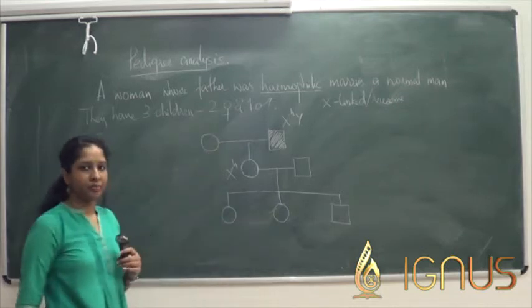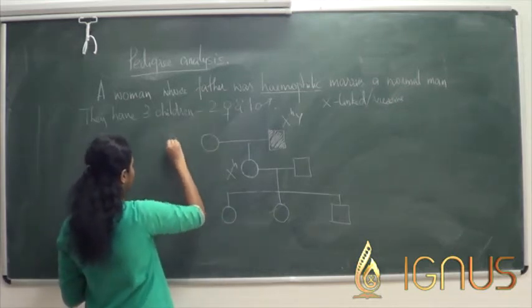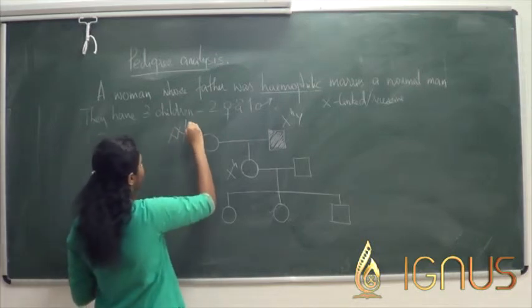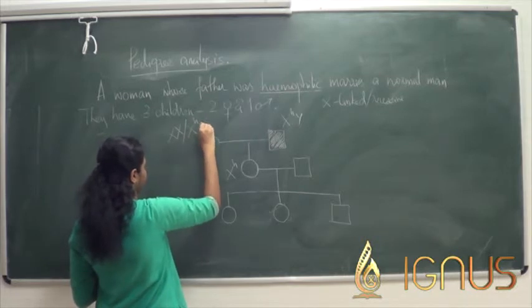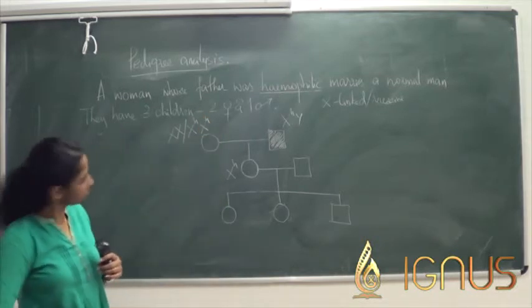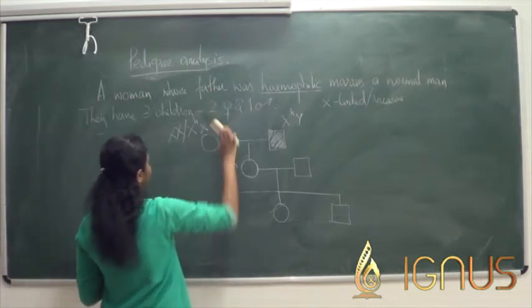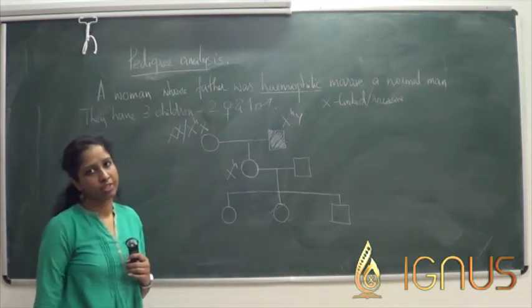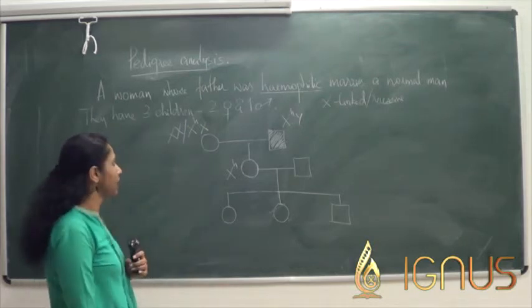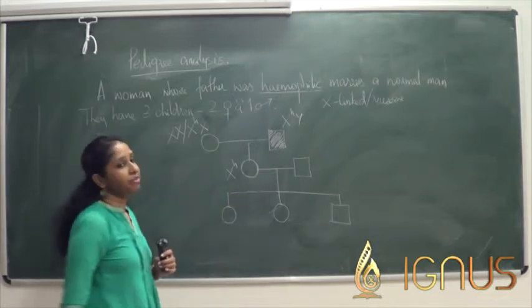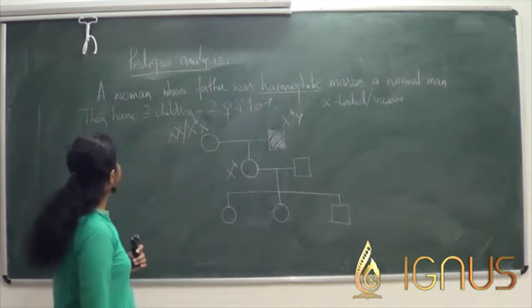This female here can have 2 normal X chromosomes because she is not affected, or she can be a carrier. So she can be a carrier, meaning that she has one of the X chromosomes carrying the recessive trait. It does not say whether or not the woman is affected.